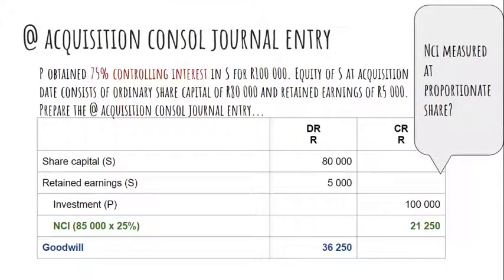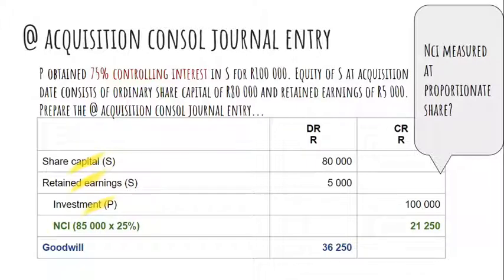So let's now look at the at-acquisition journal entry if we assume that the parent company decided to measure NCI at acquisition date at their proportionate share of the net assets of S. When you prepare your at-acquisition consolidation journal entry, the first thing you always do is eliminate your common items, which is the equity at acquisition date of S against the investment made by the parent.